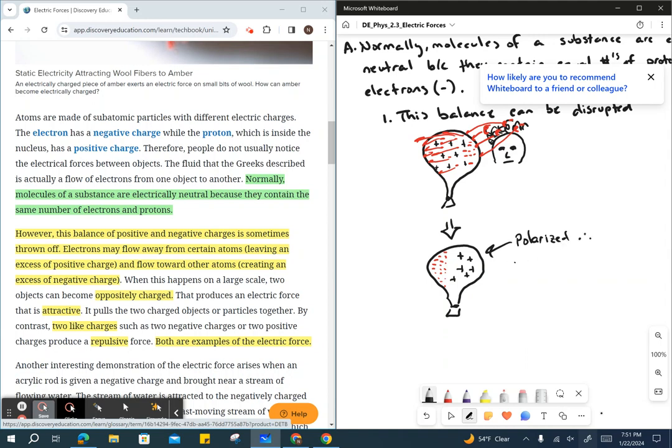Therefore, it will demonstrate electromagnetic properties, i.e., it can be attractive or repulsive. Okay, and that's kind of what they're talking about in that paragraph there. Okay, and these are examples of electric forces.